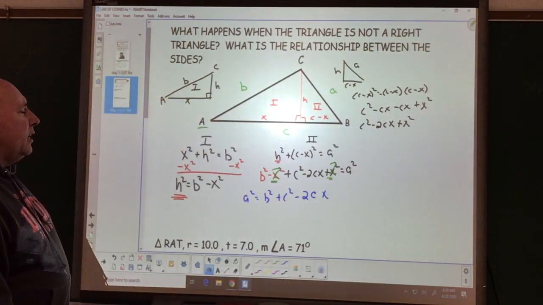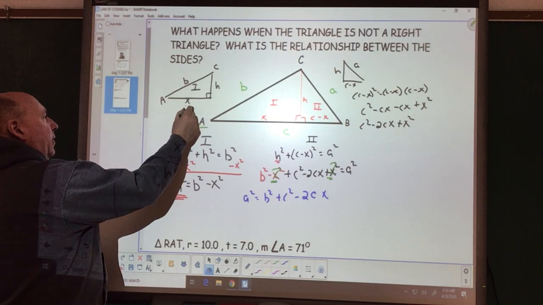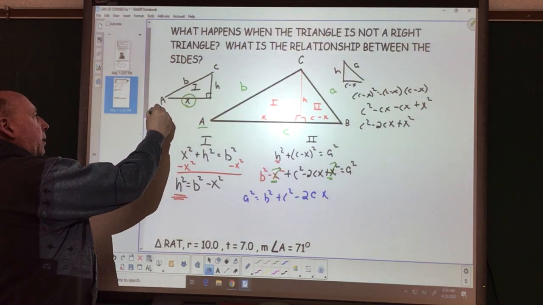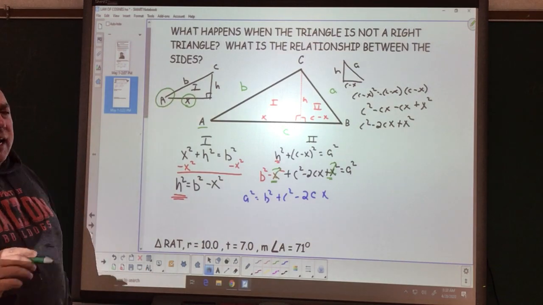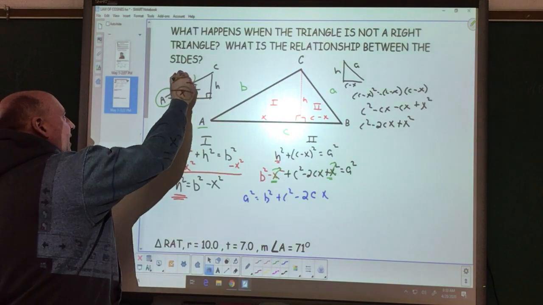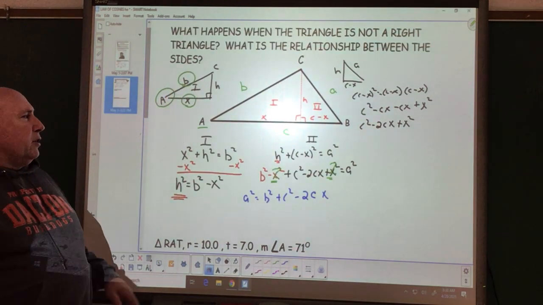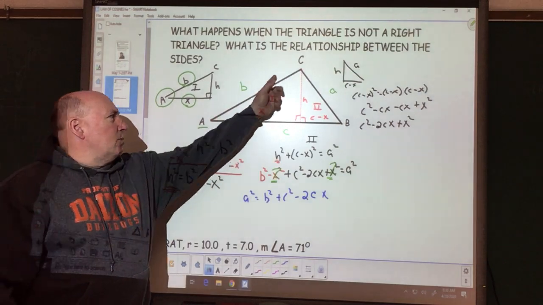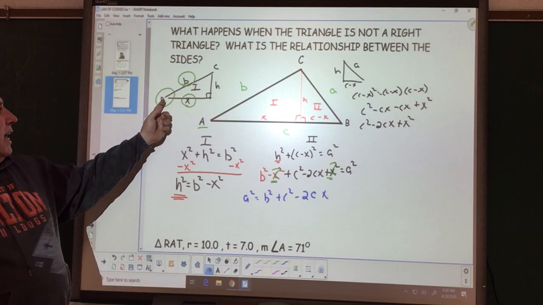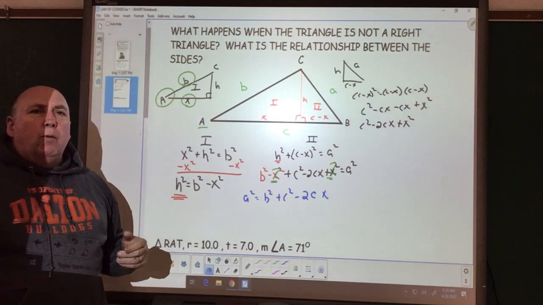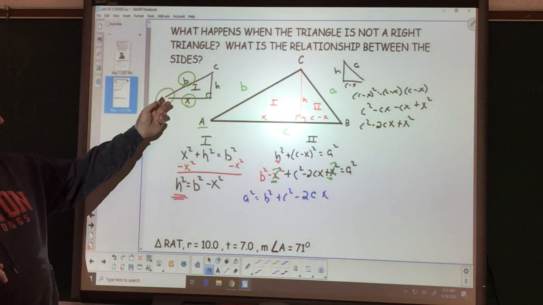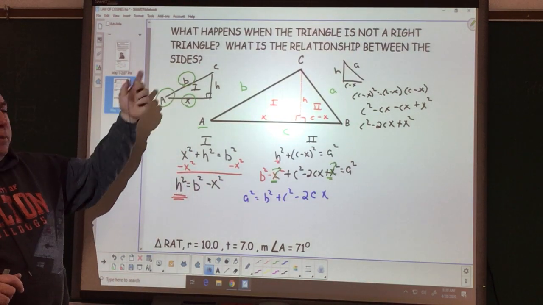Well, if we take a look at triangle number 1, this is where we have an X. Also in triangle number 1, we have an entire angle A of the original triangle, and we have an entire length B of the original triangle. Here's my X, here's my B, and here's my A. Well, if we take a look at angle A and X and B, we ask ourselves once again, which trig ratio relates angle A to X and B?